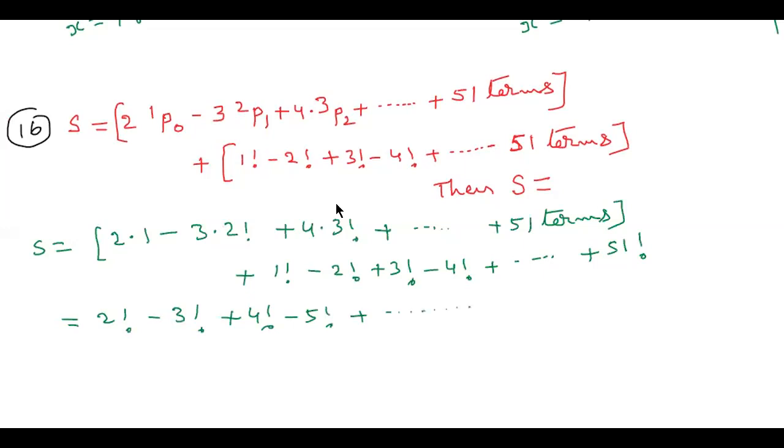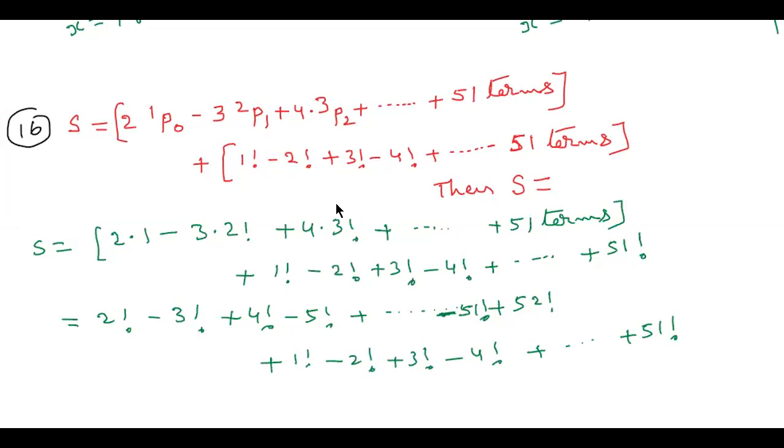Here it starts with 2. If it starts with 1, totally 51 terms are there, we will get 51 factorial. But it starts with 2 now, so here we will get 52 factorial. That means the term before is minus 51 factorial. Okay. Now 1 factorial minus 2 factorial plus 3 factorial and so on. What is the last one? That is 51 factorial.